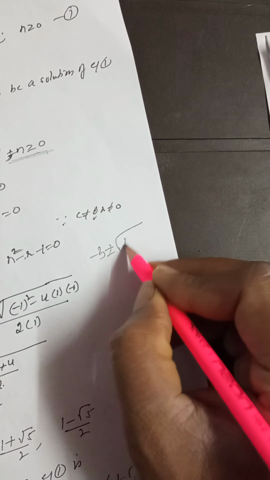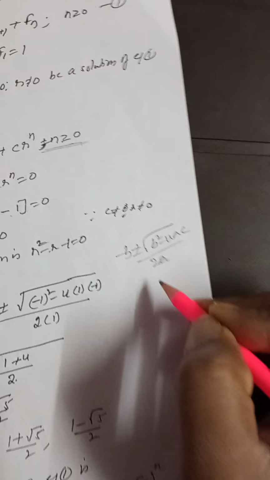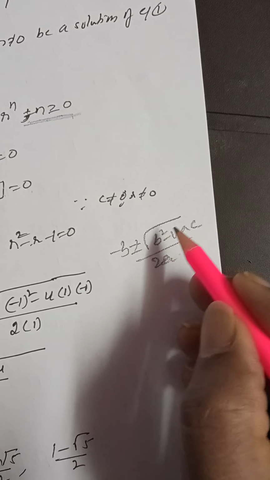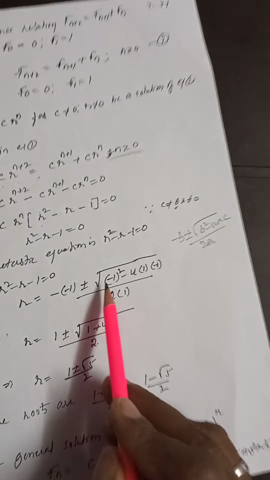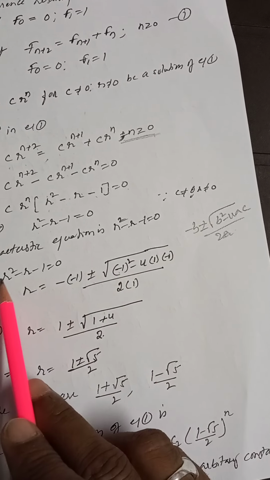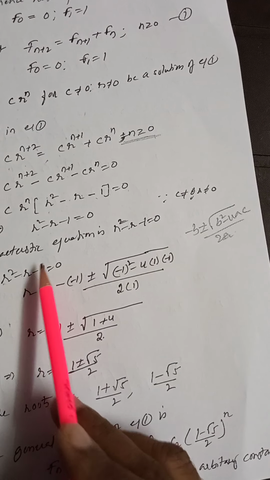The formula is minus b plus or minus root of b square minus 4ac by 2a, which we are applying. Now here minus b value is minus of minus 1, plus or minus root of b square, which is minus 1 whole square, minus 4 into a, the coefficient of r square, which is 1, into the constant, which is minus 1.